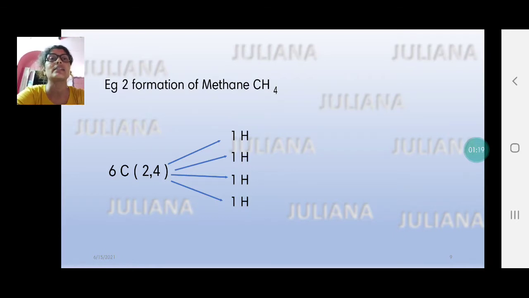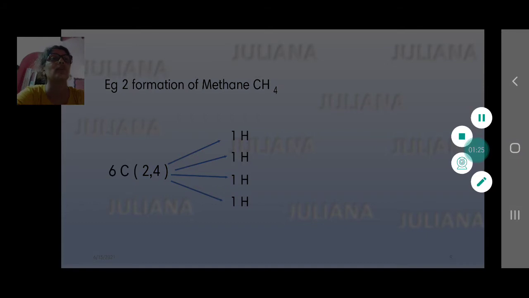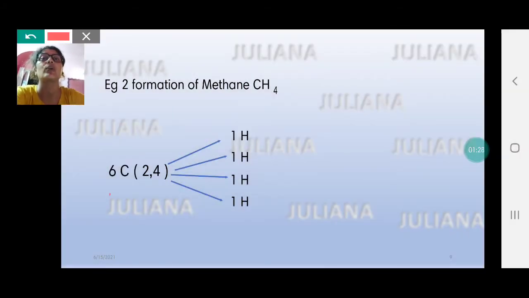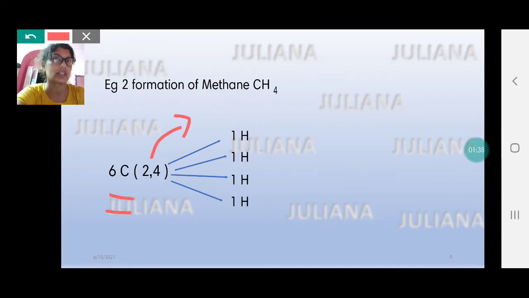Now, how is a methane molecule formed? Methane is formed of 1 carbon and 4 hydrogen atoms. Carbon, atomic number 6, electronic configuration 2, 4. It requires 4 electrons to complete its octet.